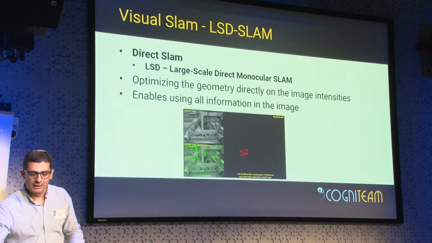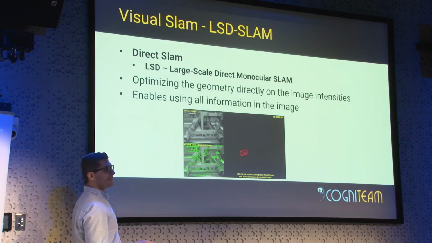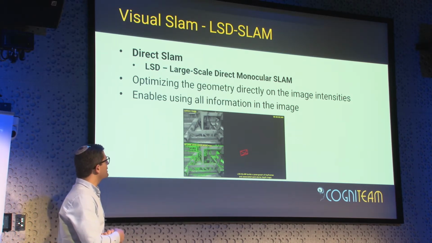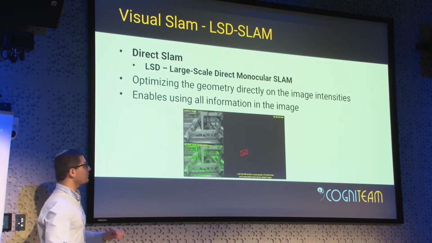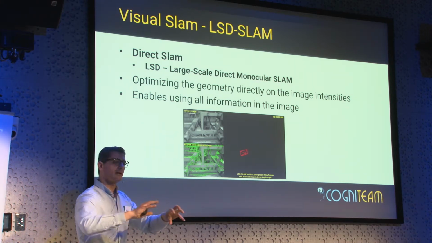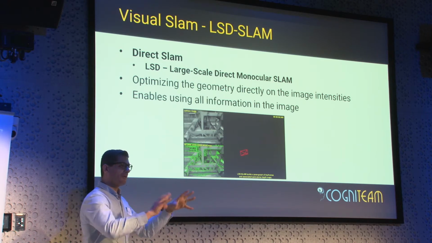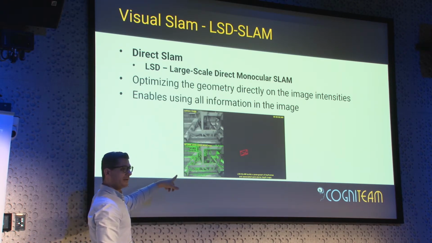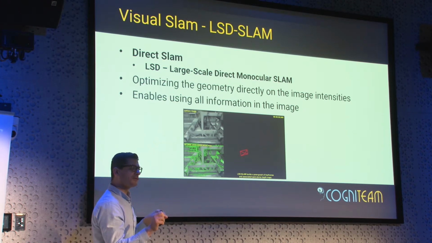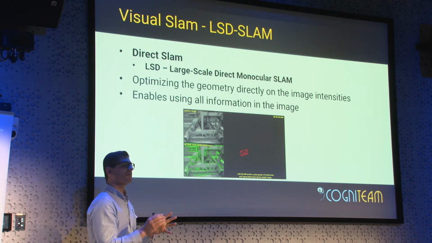This is ORB-SLAM. Another is LSD-SLAM. It's called large-scale direct monocular SLAM. The advantage here is that it also compares to the map and also works by images, but it does not search for specific features, because the problem with searching for specific features is that it uses less information from the image.